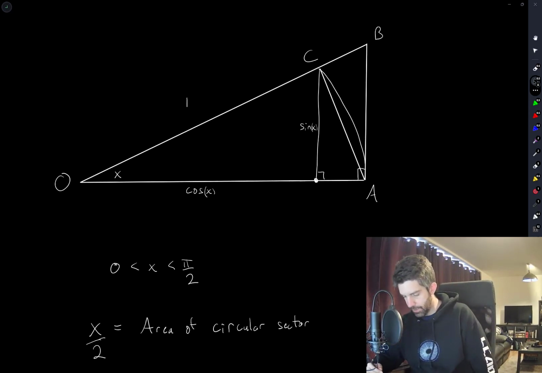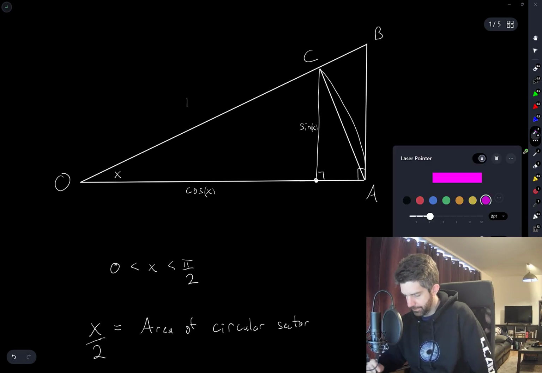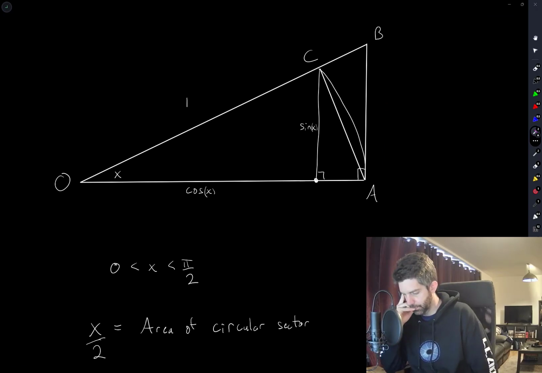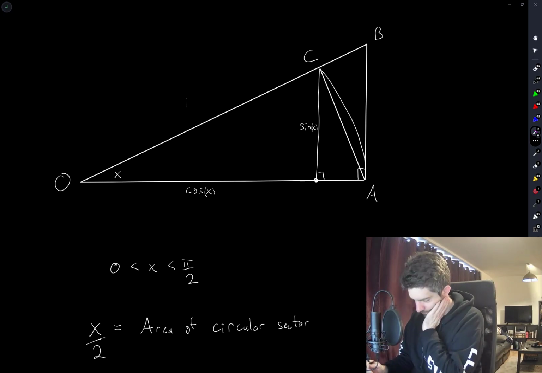And where in this diagram is tan x? It is something like this, right? I'm going to erase the circular arc for a moment.